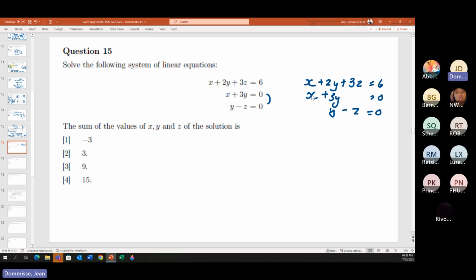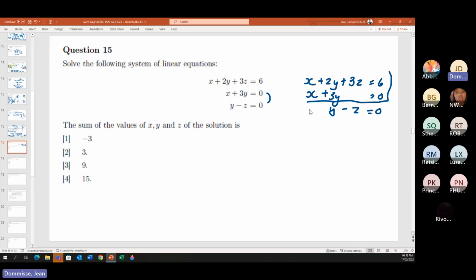But let's first create... So what I would have done is I would have first worked with those two. And then I would have said, okay, that minus that gives me 0. That minus that gives me minus y. That minus that just gives me plus 3z. That minus that gives me 6.